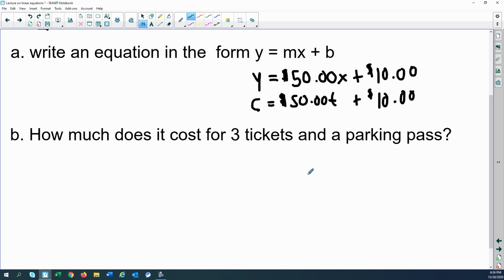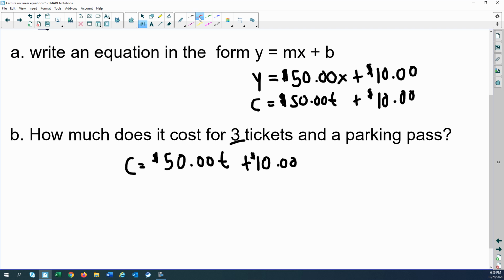Okay, so now that we have a linear equation, we have the cost equals $50 times the number of tickets plus $10 for parking. We can figure out the cost of how many tickets and a parking pass.